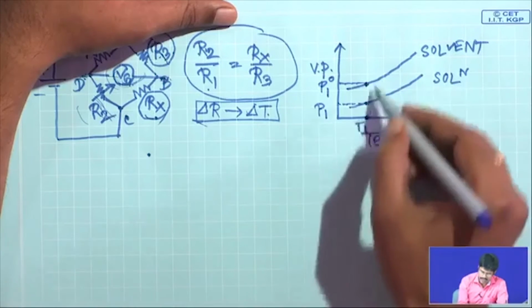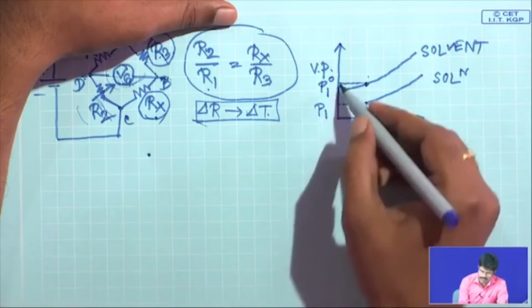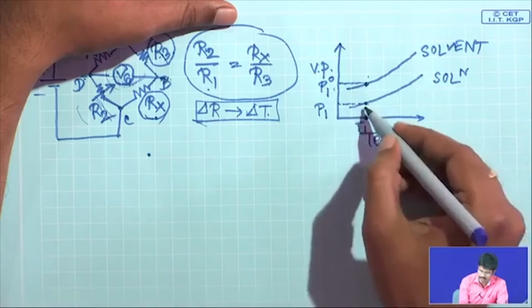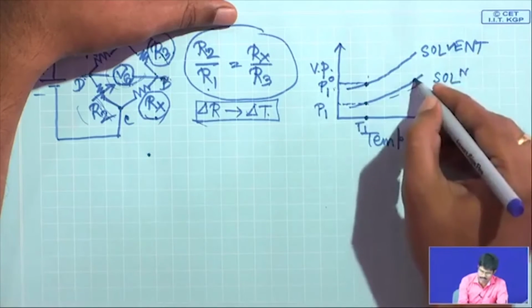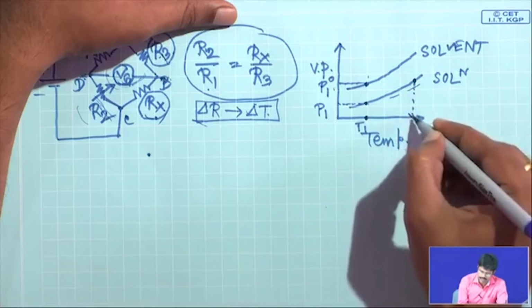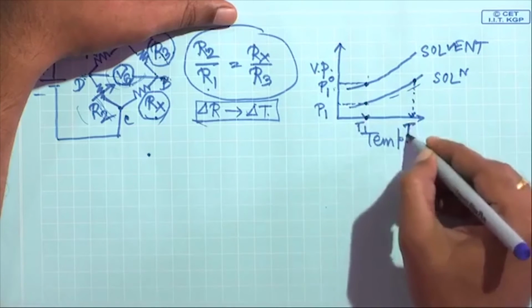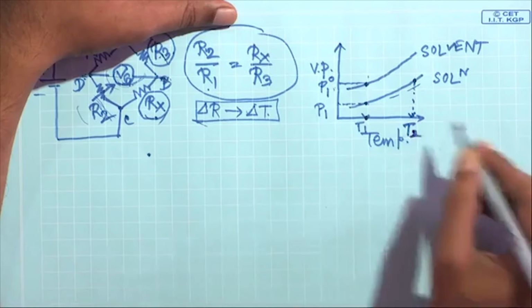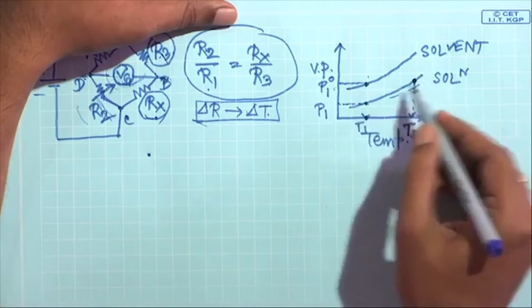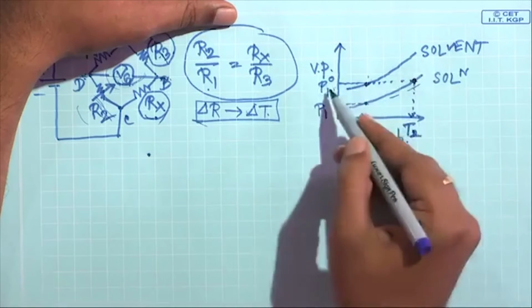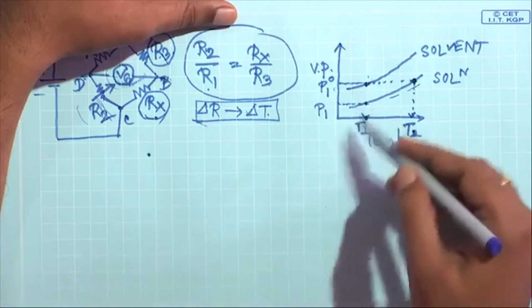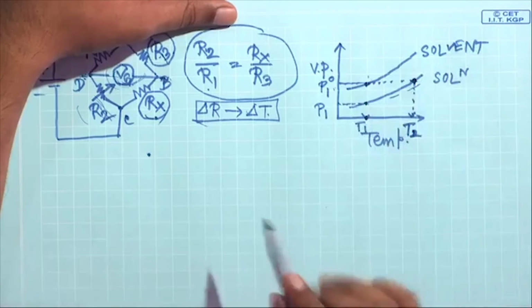But you know that at that temperature the solution vapor pressure is lower than the pure solvent vapor pressure, but you increase the solution temperature. If you increase the solution temperature, a temperature will come at which the vapor pressure of this solution will be equal to the vapor pressure of the solvent at the original temperature. I mean, this is from the graph you can see.